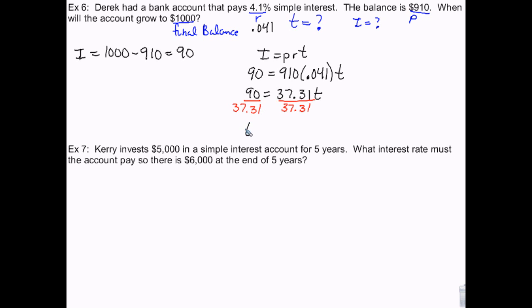And T is 2.4 years, almost 2.5 years to go from 910 to 1,000.